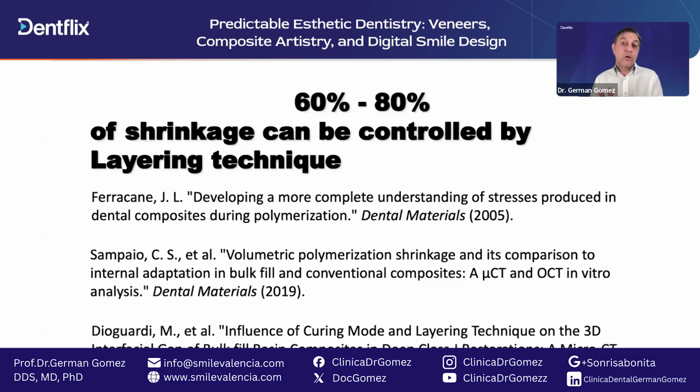So that's why we layer not only in the front because it looks good, we layer because we reduce the shrinkage, and with that we also reduce the shrinkage stress by modifying the C factor. Difficult, but whoever understands the C factor knows what I'm talking about. For everybody else, we control the stress, the force of the shrinkage, and the shrinkage itself by layering. So we not only layer in the front, we also layer in the back.